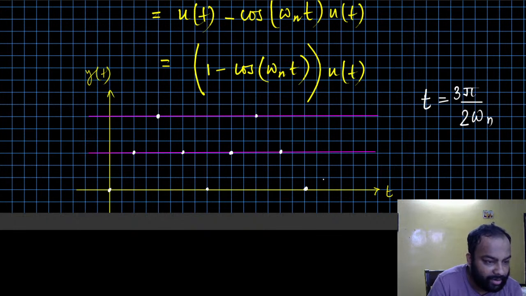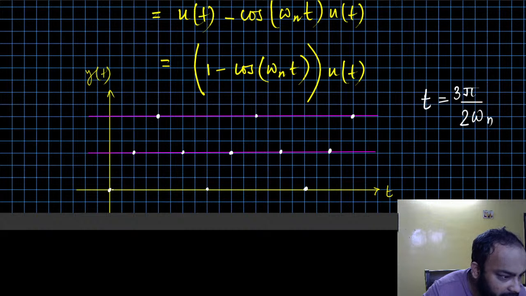Very simple school level trigonometry, right? All right, so these are the points we have. Now, of course, drawing this is slightly difficult for me. Let me try my best.